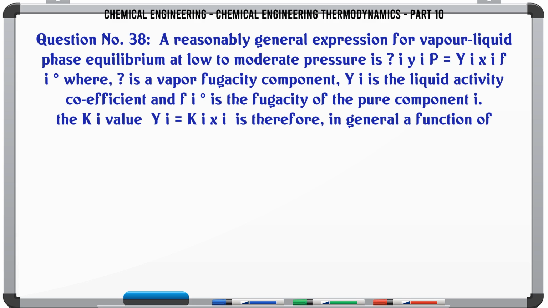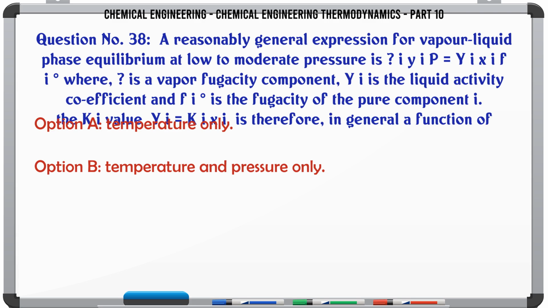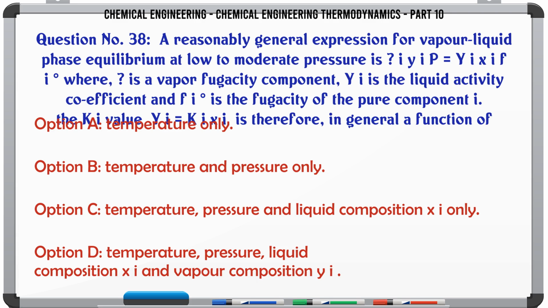A reasonably general expression for vapor-liquid phase equilibrium at low to moderate pressure is yi Φi P = γi xi fi, where Φi is a vapor fugacity component, γi is the liquid activity coefficient, and fi is the fugacity of the pure component i. The Ki value, yi/xi, is therefore in general a function of: A. Temperature only.